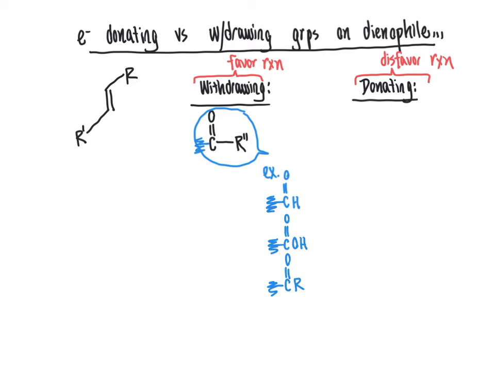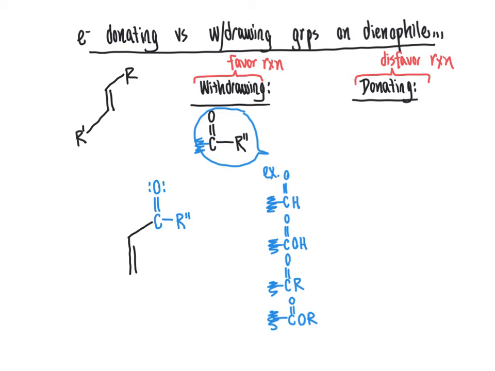So there's a variety of different possibilities here. You could also think about an ester, that is carbonyl bonded to oxygen, bonded to an alkyl group. So a huge variety of different possibilities there. And what's going to be true in all of those that makes them electron withdrawing is that if we take a look at the structure of a carbonyl group, and I'll just put carbonyl with an R group here, and we link that to our alkene.